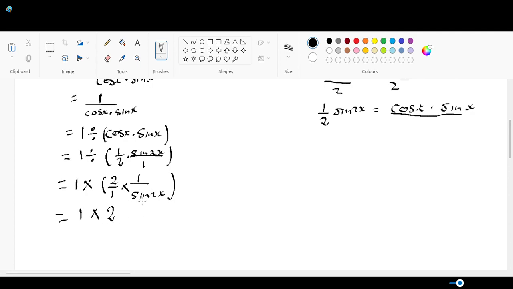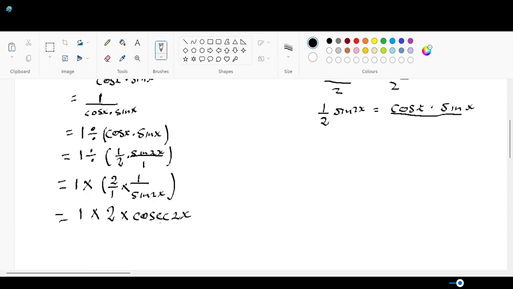It's going to give us 2, and then what is our reciprocal of sine? 1 over sine. What is our inverse of 1 over sine? We can change this as well. So our inverse of 1 over sine is going to be cosec 2x.